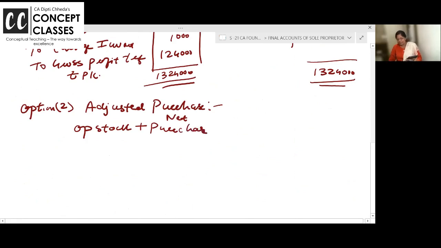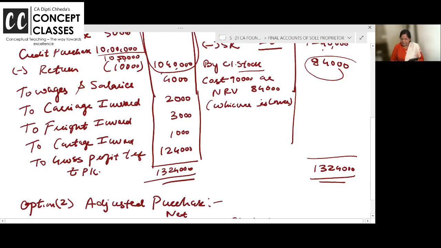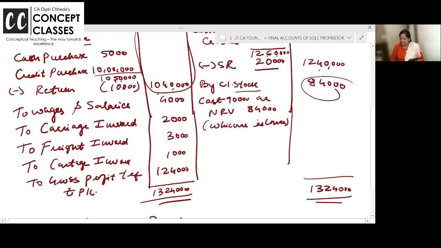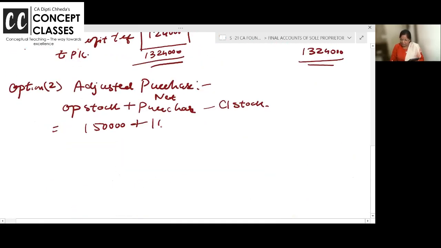Opening stock plus net purchase minus closing stock. What is your opening stock given to you? You know the opening stock, 1,50,000. Net purchases 10,40,000 and your closing stock is 84,000.